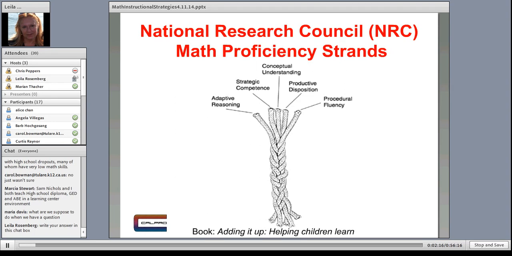There are 5 strands of math proficiency. They are interwoven and work together just like the strands in this rope you see. The strands are adaptive reasoning, strategic competence, conceptual understanding, productive disposition, and procedural fluency.